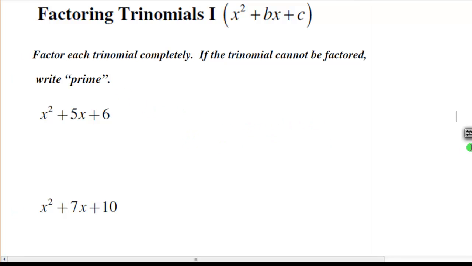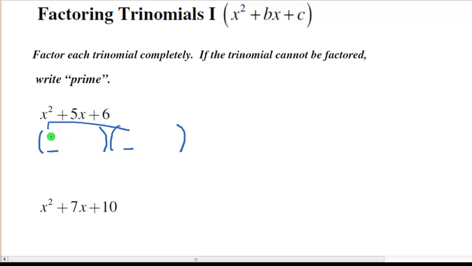So let's start with the first one. It says here, factor each trinomial completely. If the trinomial cannot be factored, write prime. So we have x squared plus 5x plus 6. What we're going to do is put our two parentheses for our two binomials. Here and here, you're going to put two monomials that multiply to x squared.